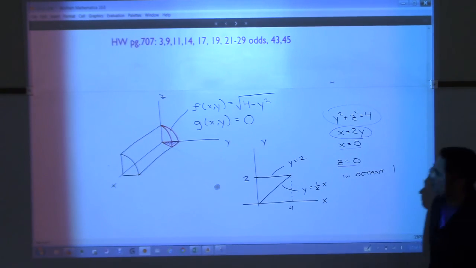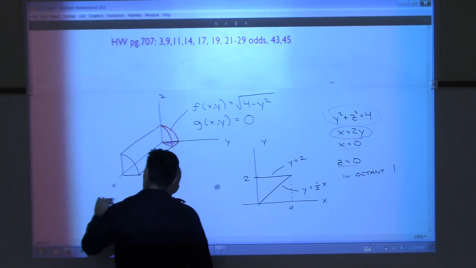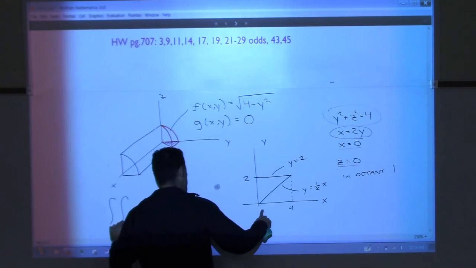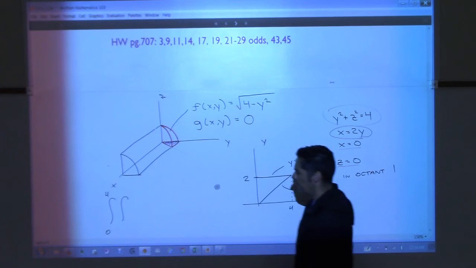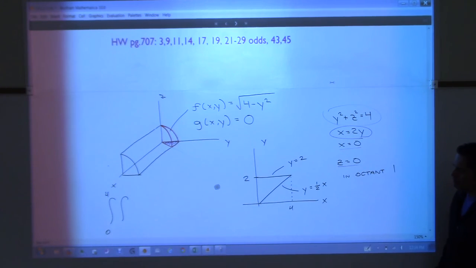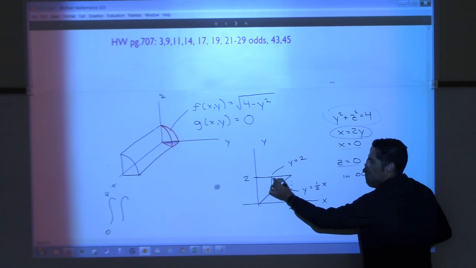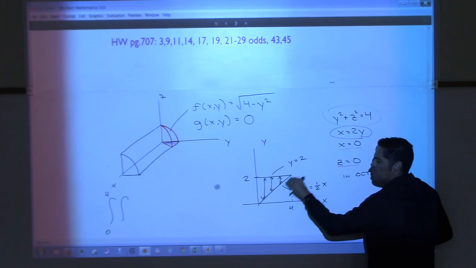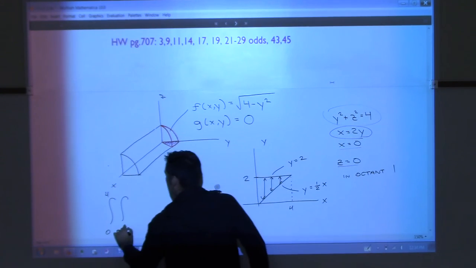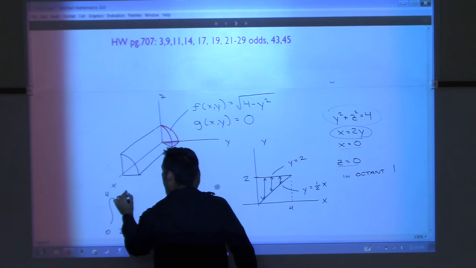Set it up. It's going to look like, go from 0 to 4 on the x, and then from where to where on the y? The bottom one is always 1/2 x, to 2. The top one is a constant function, 2.